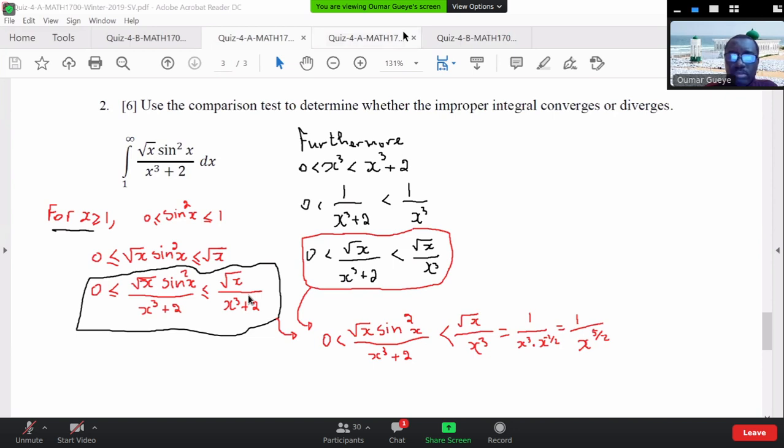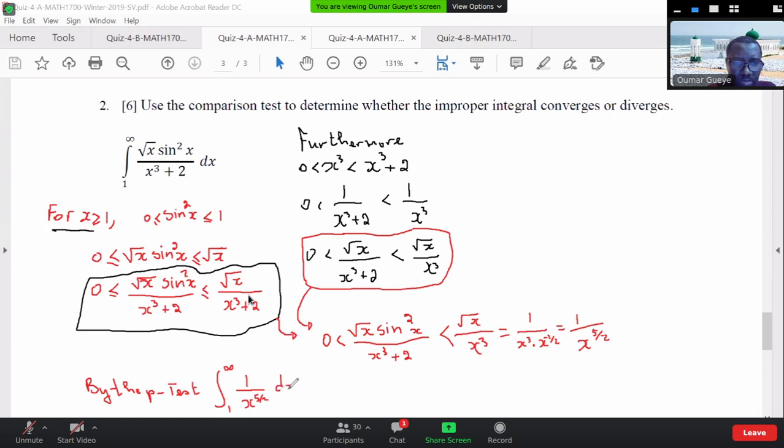So we can conclude now. So by the p-test, the integral from 1 to positive infinity of 1 over x to the power 5 by 2 is convergent because p equal to 5 by 2 and greater than 1.